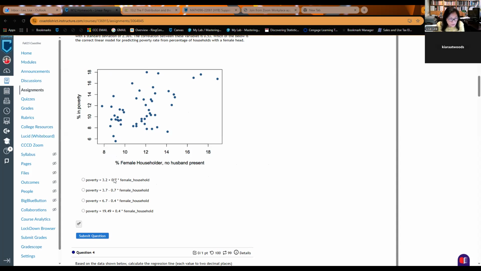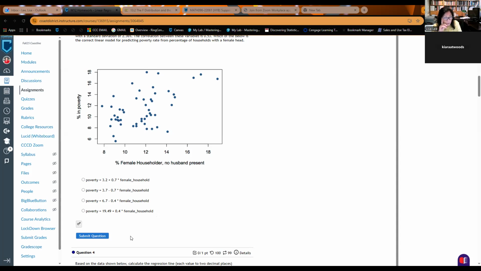Only the first equation and the last one. The first one has positive 0.7 times female household, and the bottom one has positive 0.4 times female household. So 0.4 is positive, 0.7 is positive. Only the first one and the fourth one could be the answer.